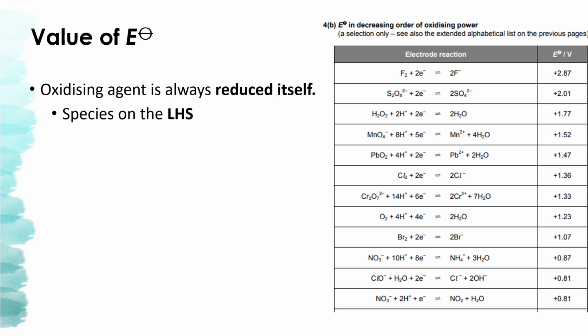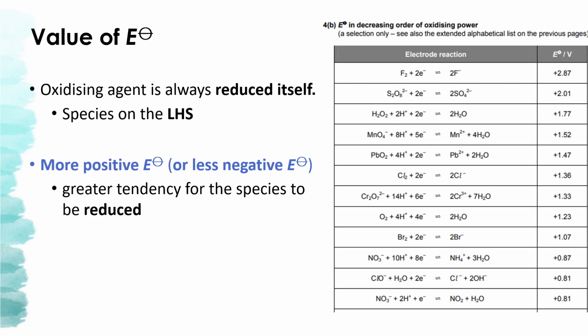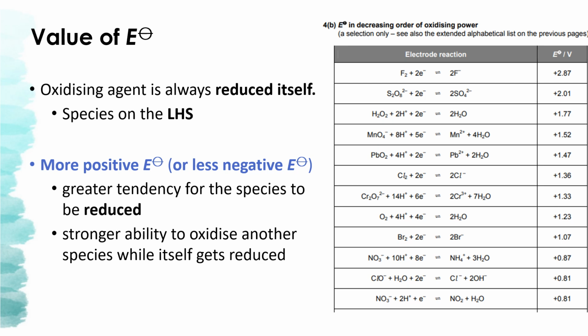So why do I say the species is on the left hand side? Because if you look at your data booklet, you read from left to right. Left to right is a reduction. And for those that are quicker in their thinking, a good oxidizing agent will have a positive E value.